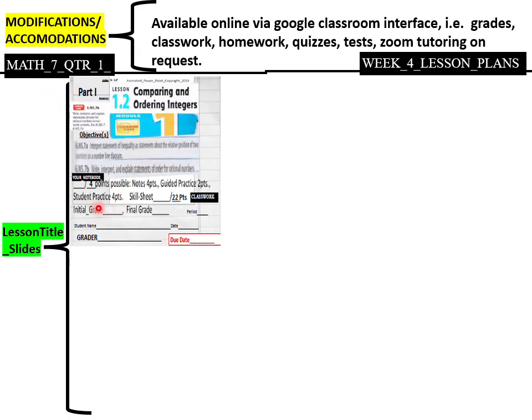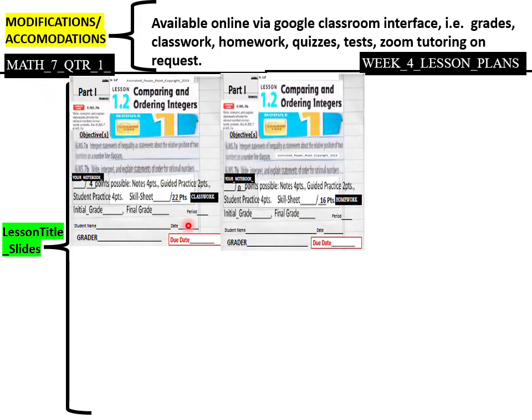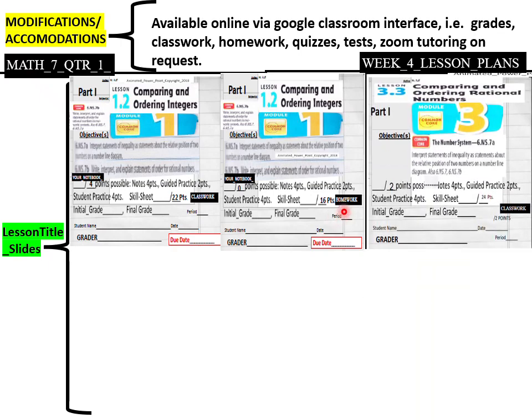And then 6.NS.7b, write, interpret, and explain statements of order for rational numbers. That's our classwork. And we go into a homework on 1.2 part 1, which is 16 points. And we go into part 2. No, we don't. We go into 3.3.